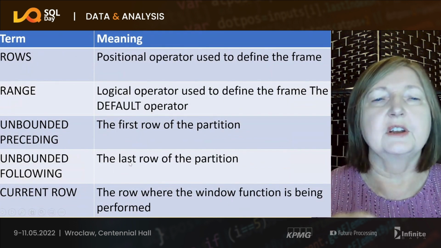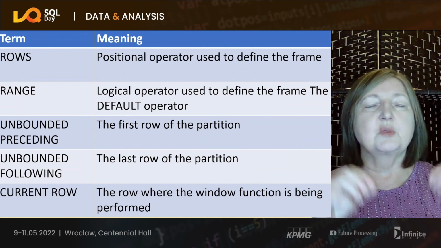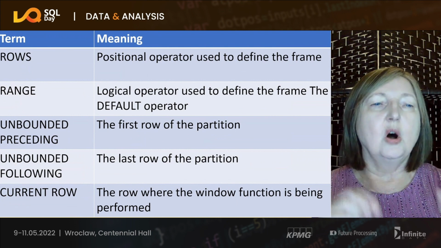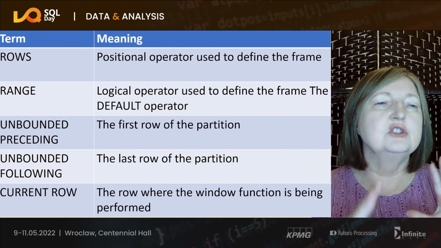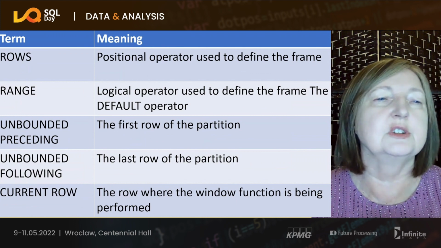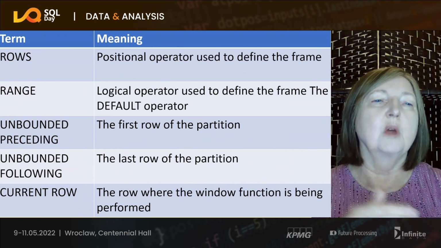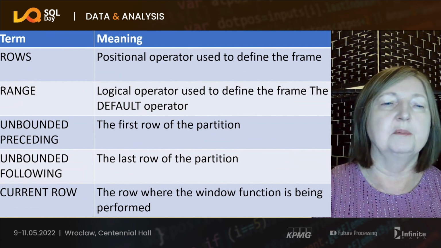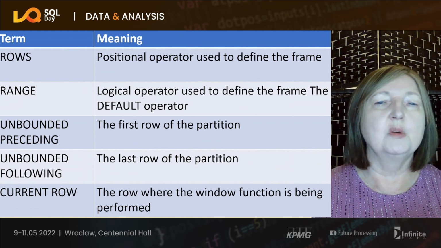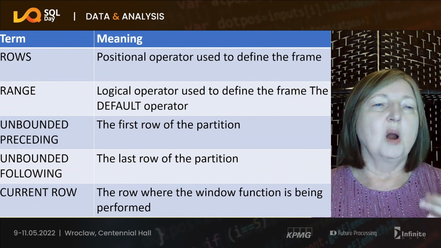For the functionality that exists right now, always use rows. There's no detriment to using rows. Always use it where you need to use a frame, require a frame. Always use it. There's no problem with it.